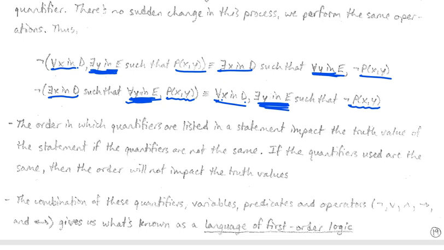So this is our quick talk on statements with multiple quantifiers. A little bit of a different look for things with multiple quantifiers when it comes to taking the negatives of them. Nothing really new, nothing really out of the ordinary here compared to what we've seen earlier on in this course.